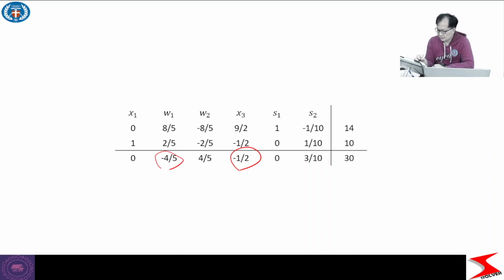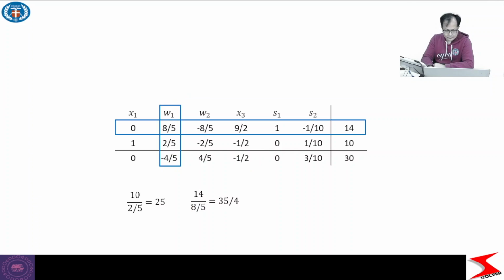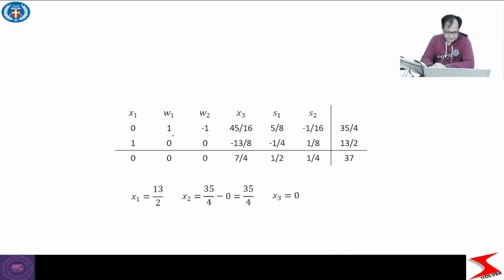According to this one, we choose w1 as the pivot column, and we find this cell based on the replacement quantity being smaller than 25, so this one is the cell. And then finally we get the tableau like this.